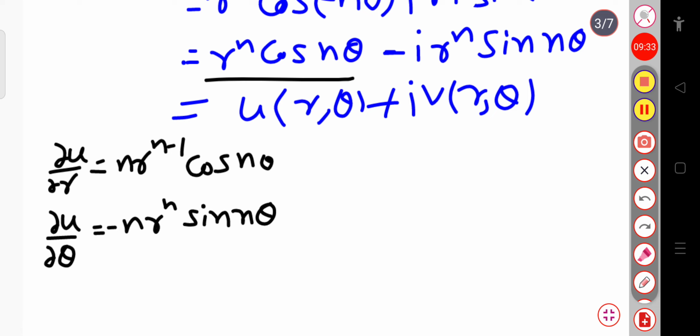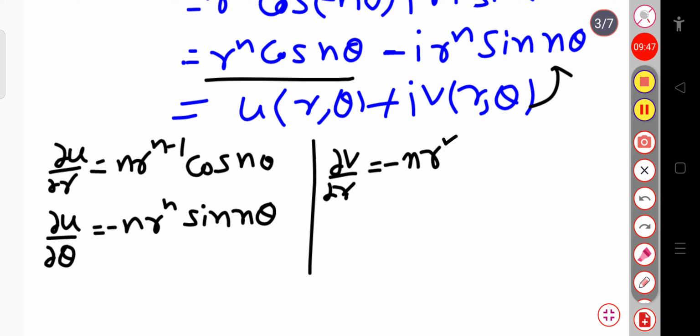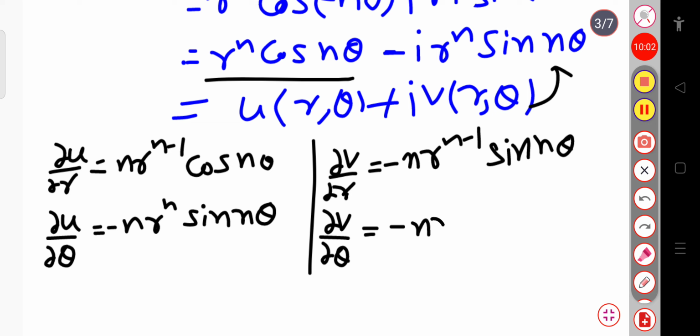Next, dou v by dou r will be, since the negative sign is present, minus n into r power n minus 1 into sin n theta. And for dou v by dou theta, here also minus n r power n, and the sin n theta now becomes cosine n theta.